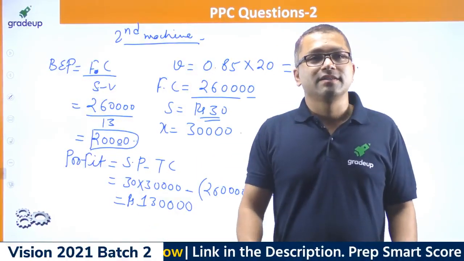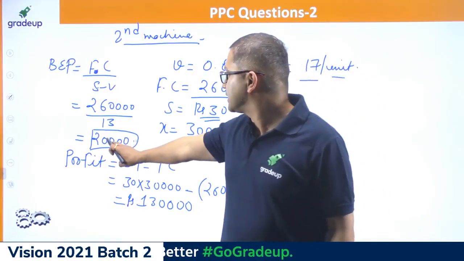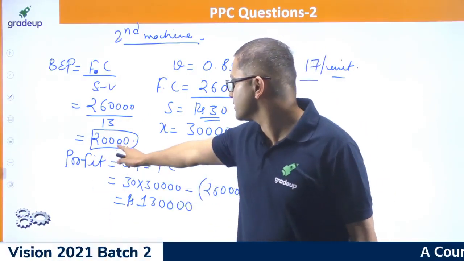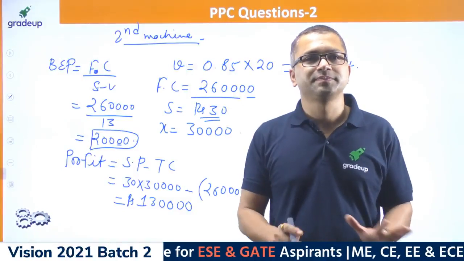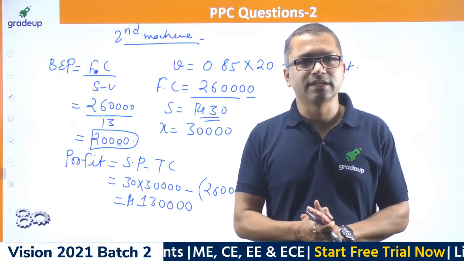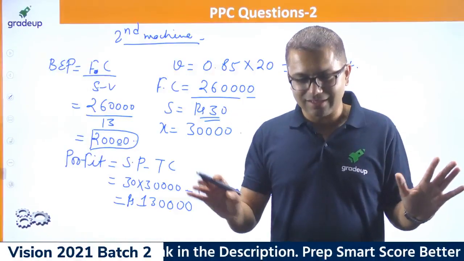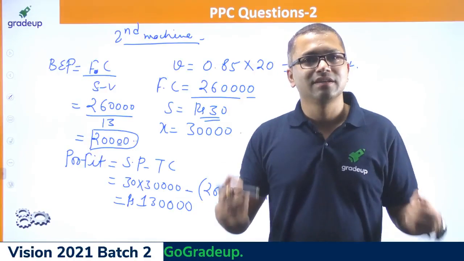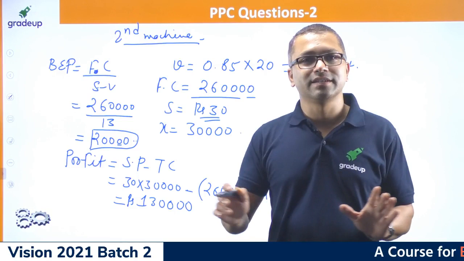I'm going to repeat it: you need to sell more than 20,000 units to make profit. Just forget about no profit, no loss. That's not how an engineering student speaks. I think this is clear.